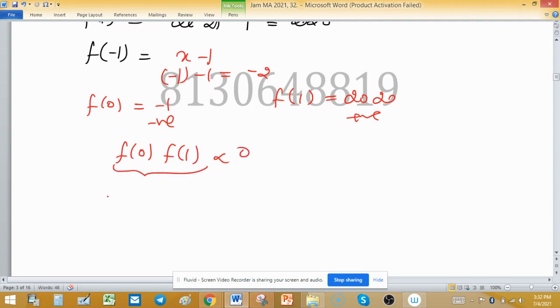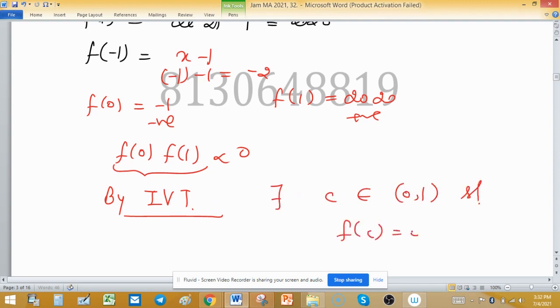So using IVT, we can say there exists a C between 0 and 1 such that f of c is 0. So the existence of the root comes from IVT.